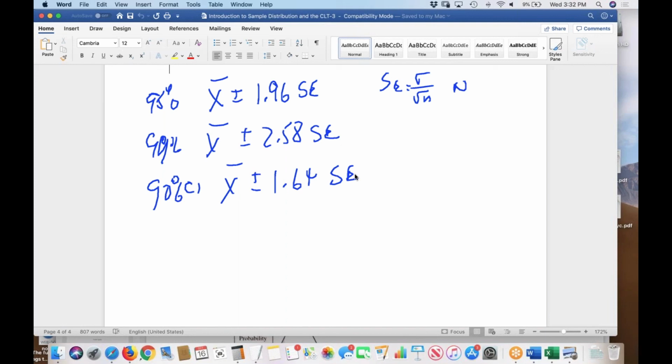So when we're working with a numerical variable, and we want to find the value of its central tendency, its mean, right? We take a sample, we find the mean of the people in that sample, and then we apply this formula to calculate the level of confidence that we have in that. In other words, our confidence interval.